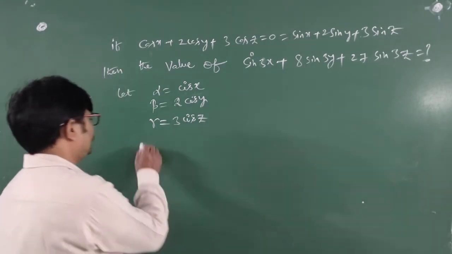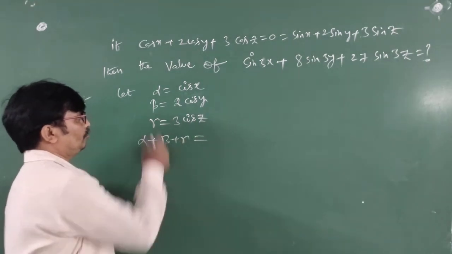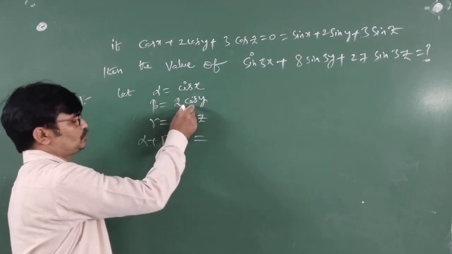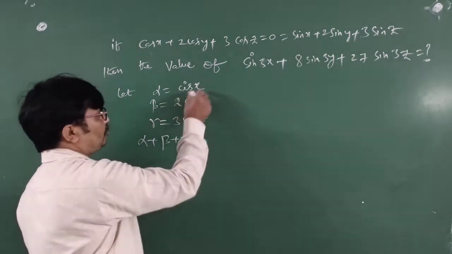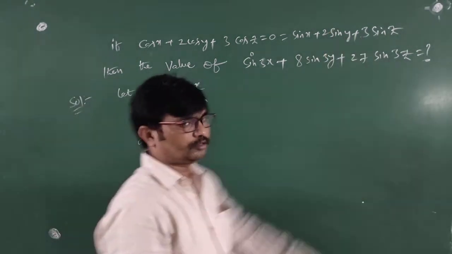So students, here alpha plus beta plus gamma, when we take the sum of these three: cos x plus 2 cos y plus 3 cos z is 0, and i is common in sin x plus 2 sin y plus 3 sin z, which is also 0.